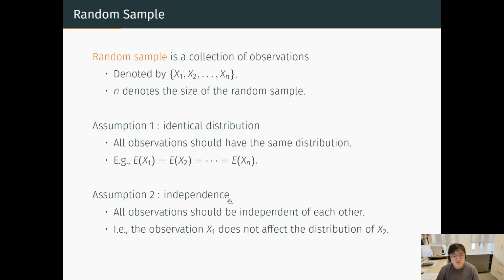But the second assumption is more questionable and more important. It's independence. We learned independence in chapter 2, and also we used independence in chapter 5 for the binomial distribution. We assume that all observations are independent of each other. So the first respondent's annual income has nothing to do with the second respondent's annual income, right?